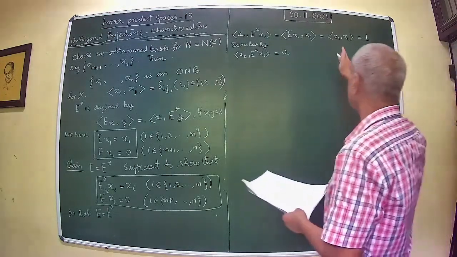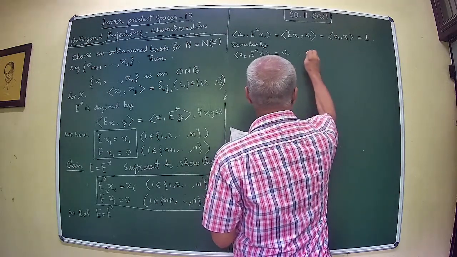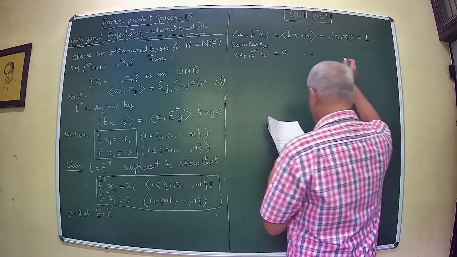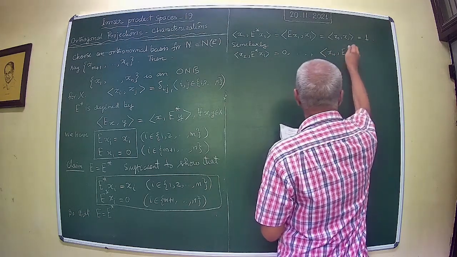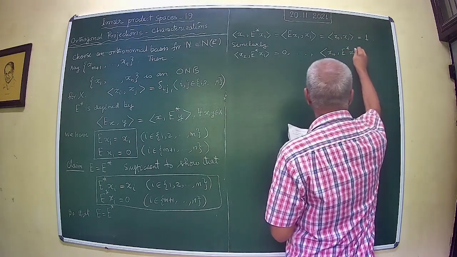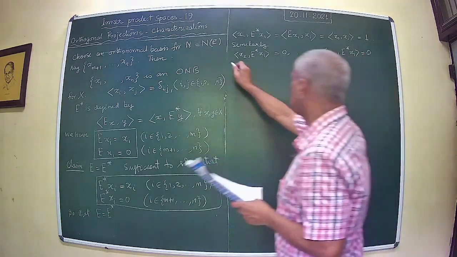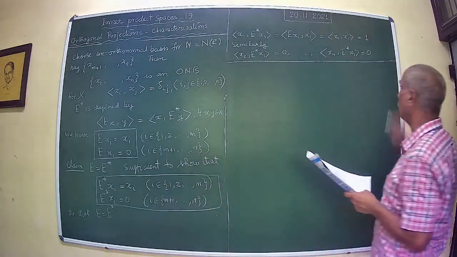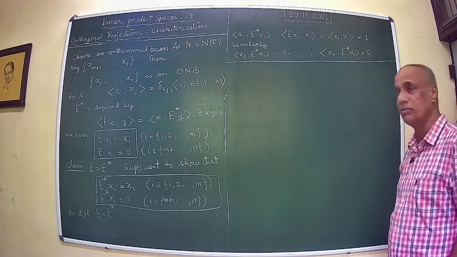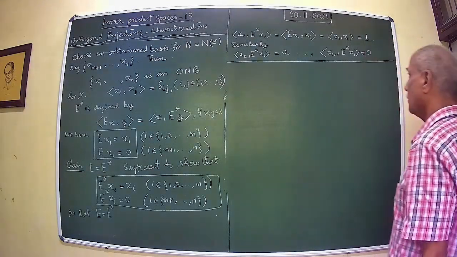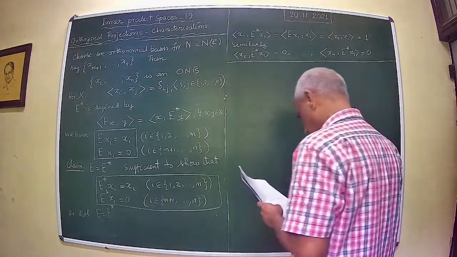You will get the inner product of x2 with this one, and so on, up to xn, which gives zero. So this we note. What does it say? It says that for E star of x1, when you take the inner product with x1, you get 1, otherwise you get 0.